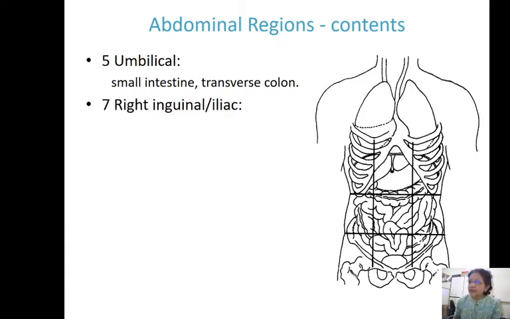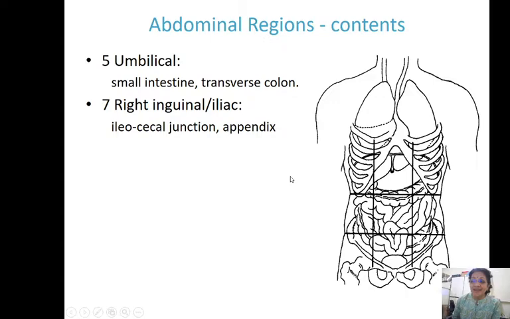The right inguinal region. This is 5. So this was 1, 2, 3, 4, 6 in the previous slide, and 5 on the right. This is 7, 8. Number 7 is the right inguinal or iliac region, with the ileocecal junction, where the ileum, the small intestine, joins the large intestine, and at which point you have the junction of the beginning of the appendix.